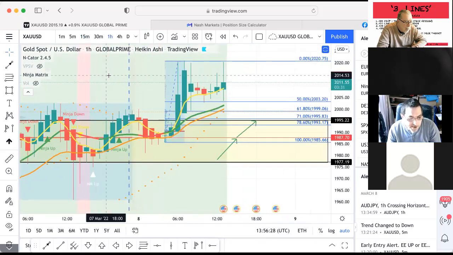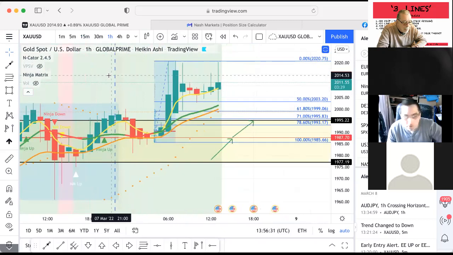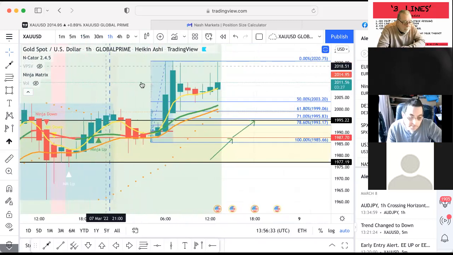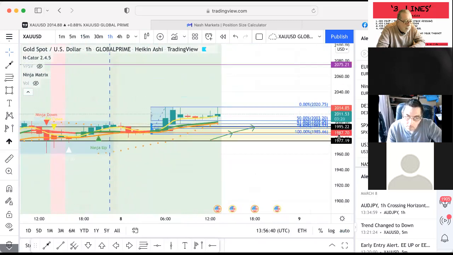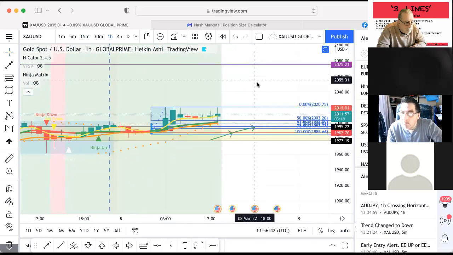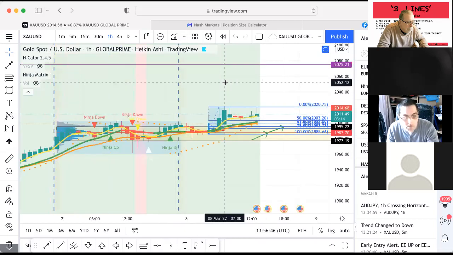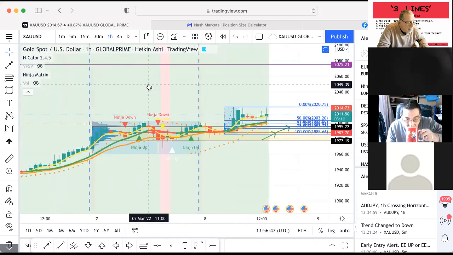Well, you're only $10 away from an all-time high on gold, Richard. Yes, well spotted. I've got that purple line there, 2075, which I believe was a previous high.